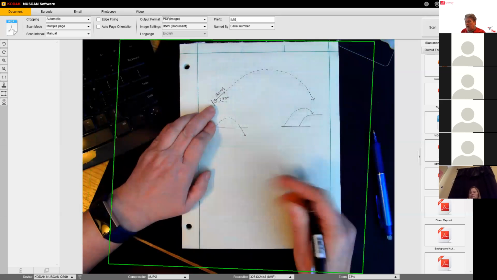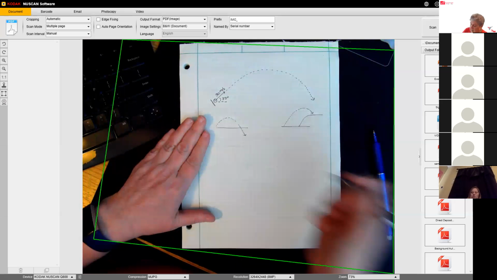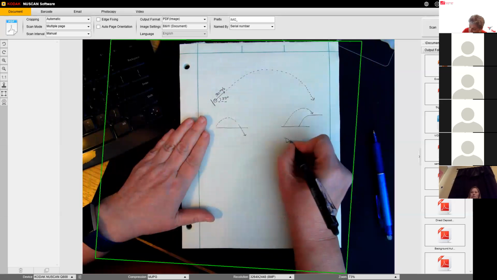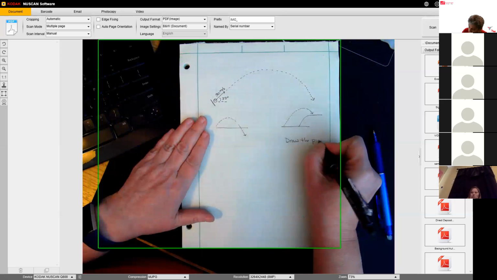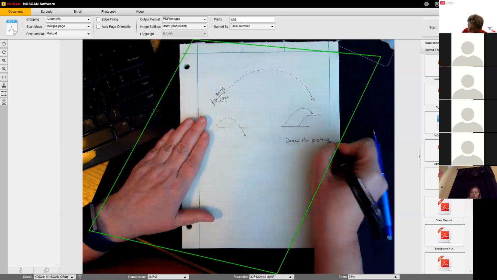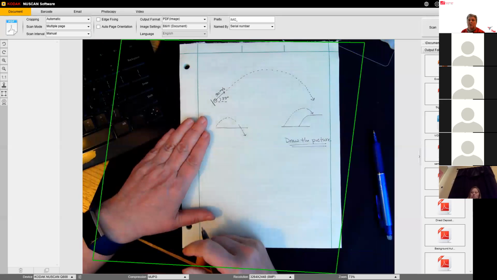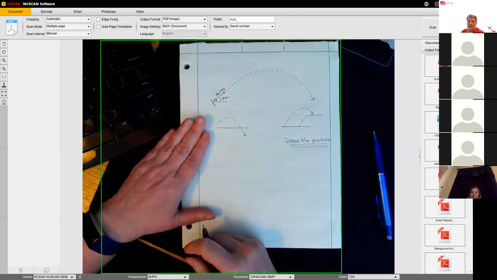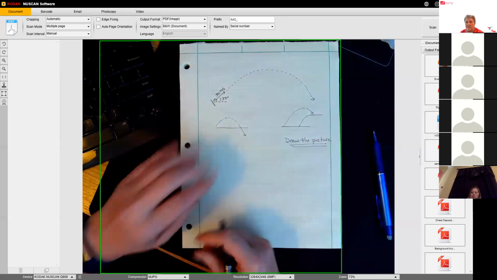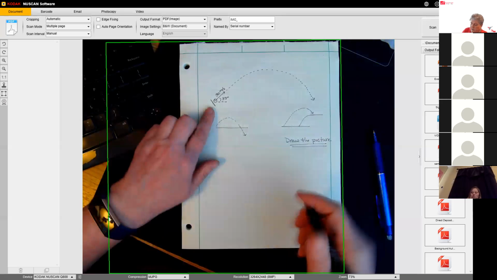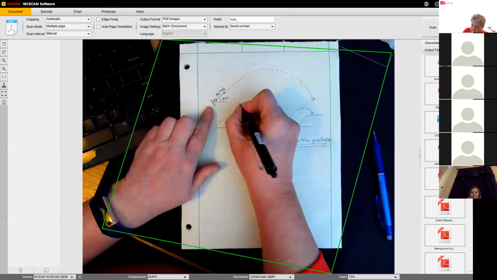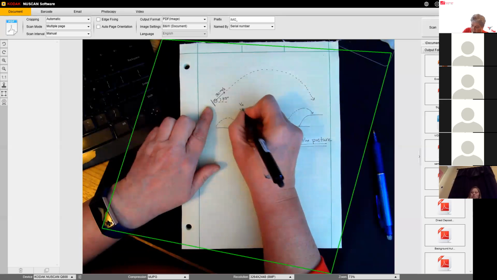The first thing when I'm doing any of these things is I want to draw my picture, because this is going to give you a good idea as to what is happening. If I have no idea how to start, the next thing I want to do is get my X component and my Y component.